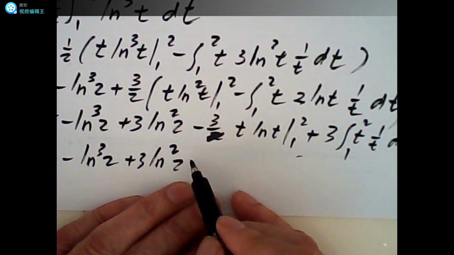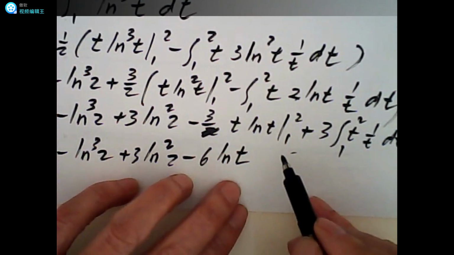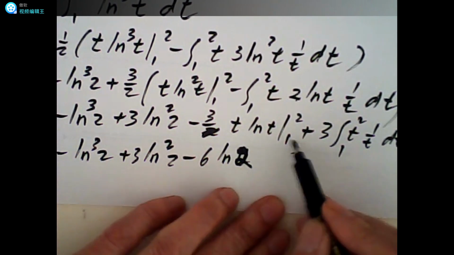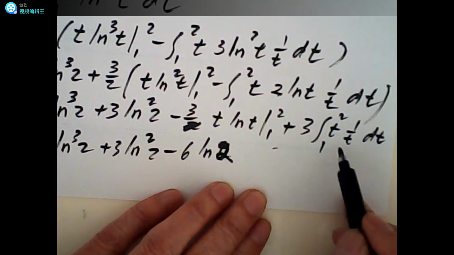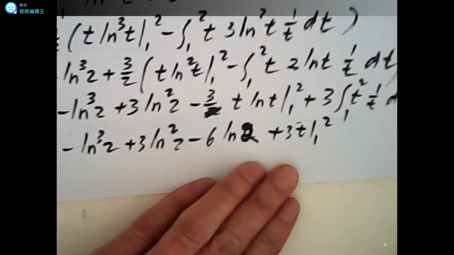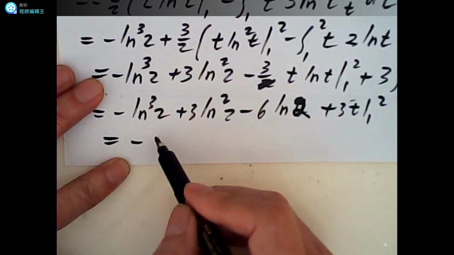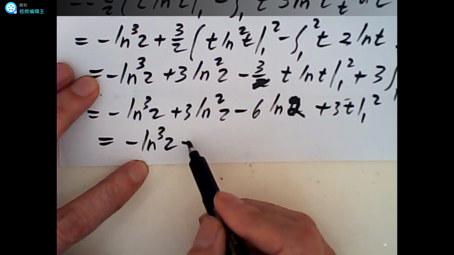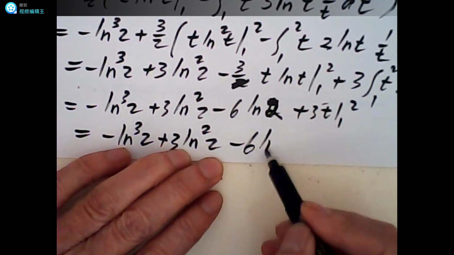This would be 6, right? Minus 6 log 2. Log 1 is 0, gone. This will be 3t plus 3t from 1 to 2. So this one is finally equal to negative log cube 2 plus 3 log square 2 minus 6 log 2.